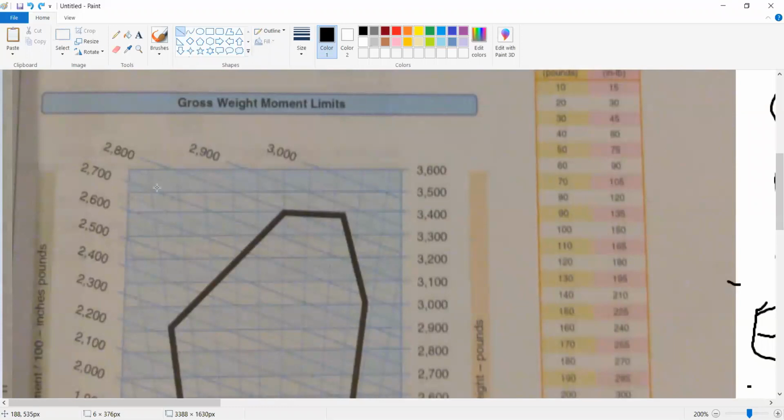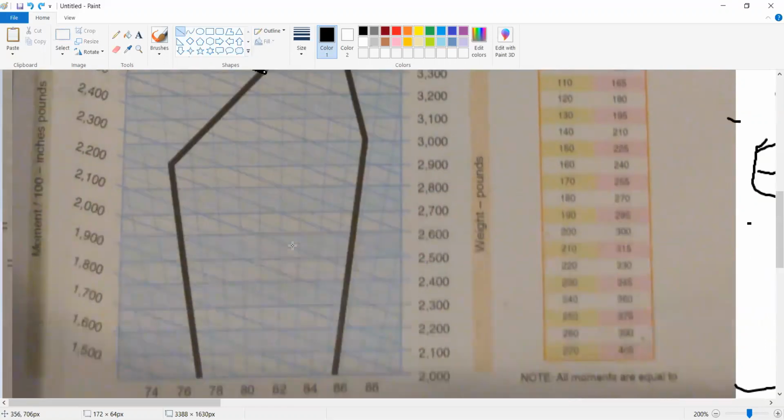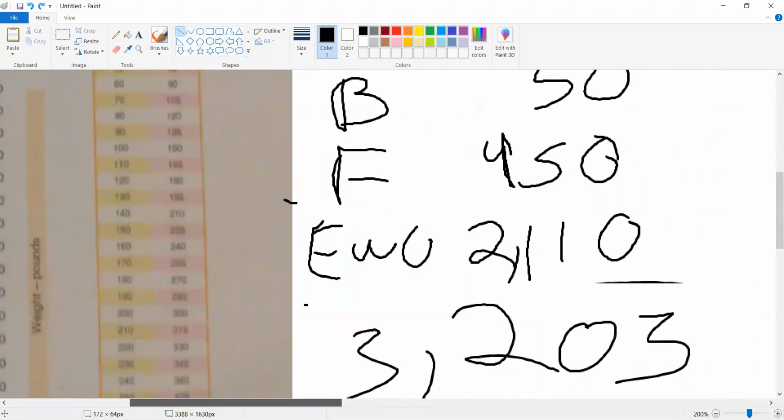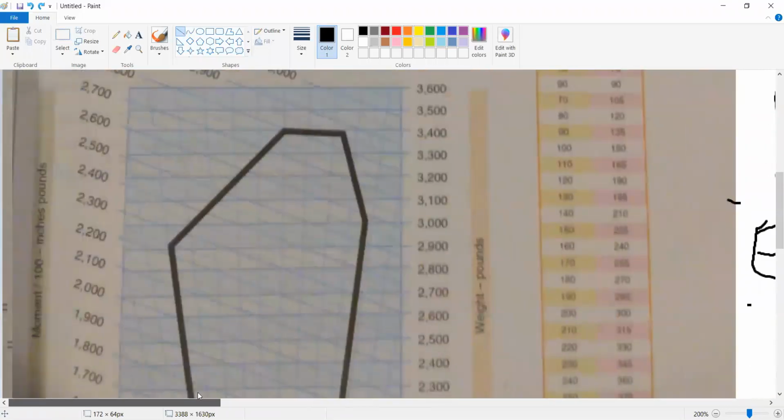It should be higher. Oh, maybe it should be right under 700. This line is a little thick. Maybe about there. No, not that. We are, hold on. We are 3,200.